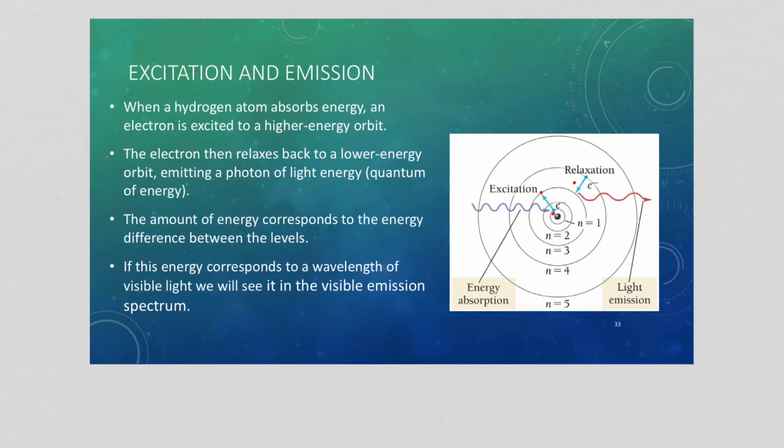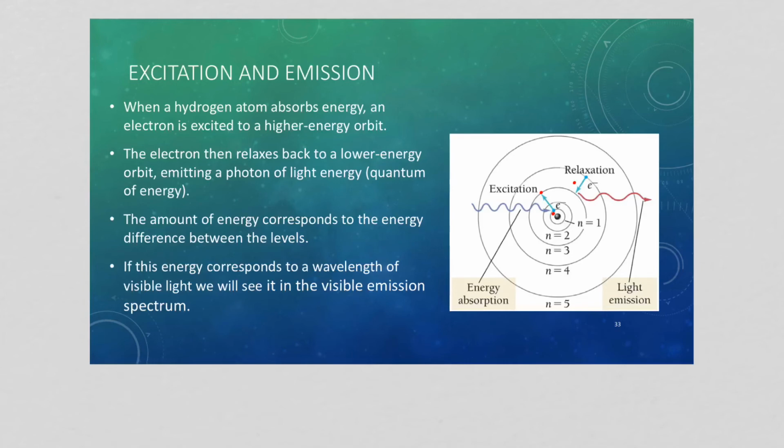So if we take the separation between 1 and 3, or between 3 and 4, that's going to be a certain amount of energy. And so when it relaxes, that energy has to go someplace, and that energy is given off as light energy.